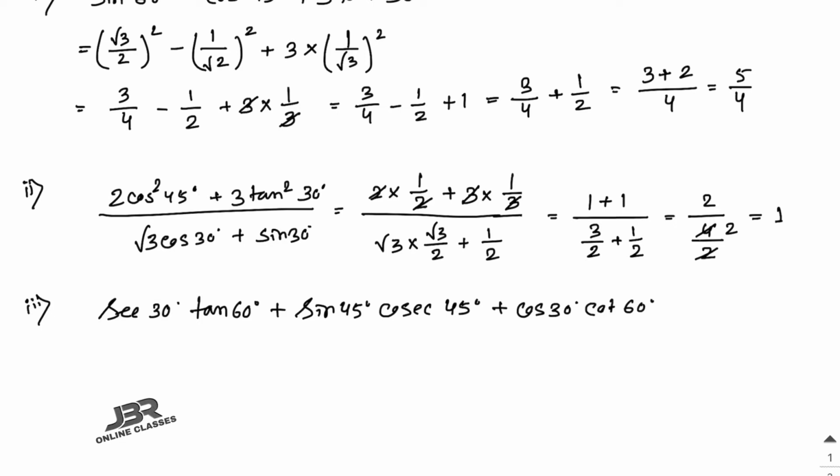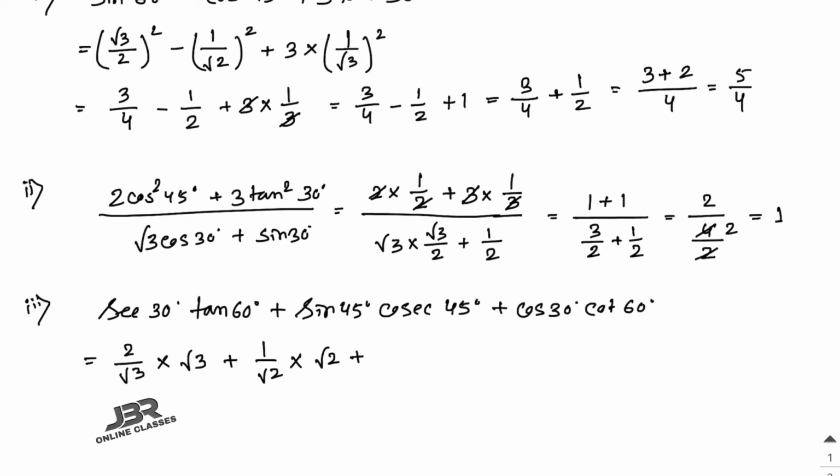So as here sec 30, the value of sec 30 is the opposite of cos 30, that means you can write 2 by root 3. Now tan 60 means only root 3. Plus sine 45 is 1 by root 2. Cosec 45 is root 2 only.